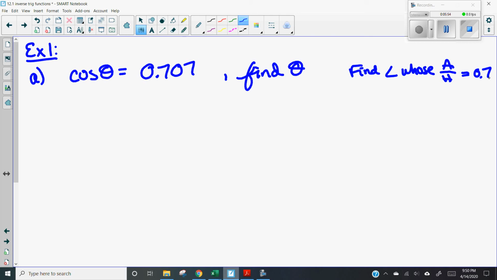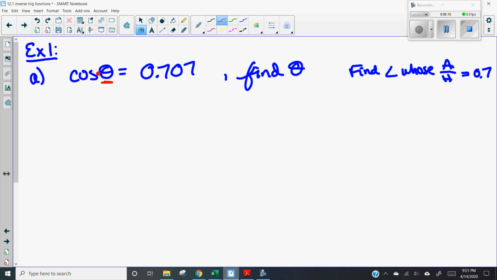Now, to actually do this calculation, we're really just trying to get theta all by itself here. What we are not doing, let me repeat, don't write this on your paper, we are not dividing by cosine. We're not dividing by cosine because we weren't initially multiplying by cosine. Do not put a multiplication symbol in there.